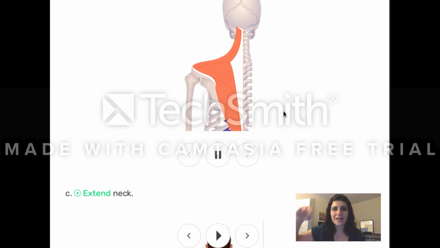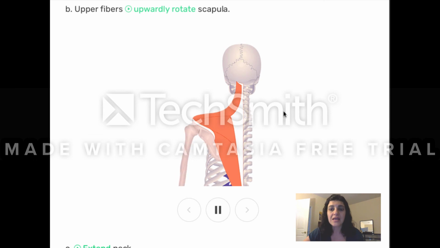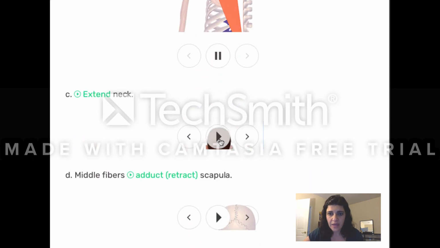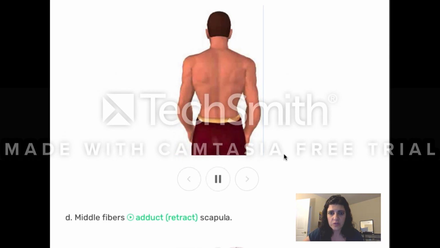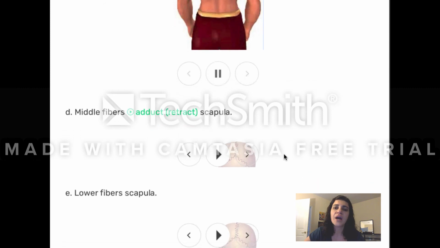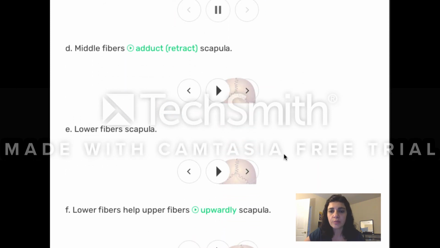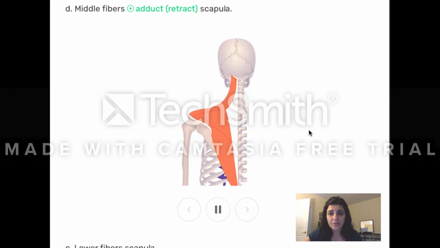There are three bellies, so that's why it allows so many movements. It rotates up the scapula. Extends neck. We didn't talk about this one. There are different movements, so the ones that I really want you to focus on are the ones that are in blue in the book, okay? Another movement, adduct scapula.